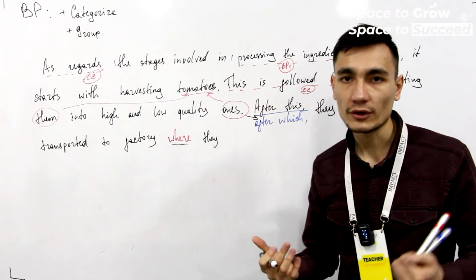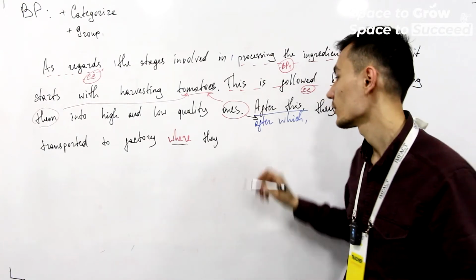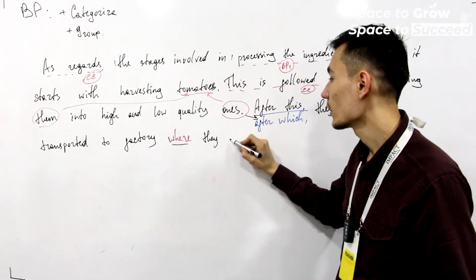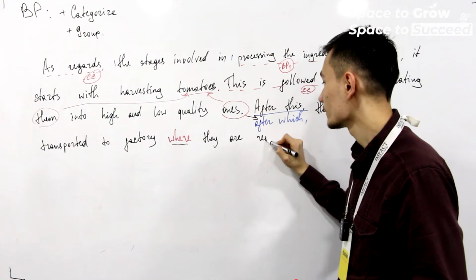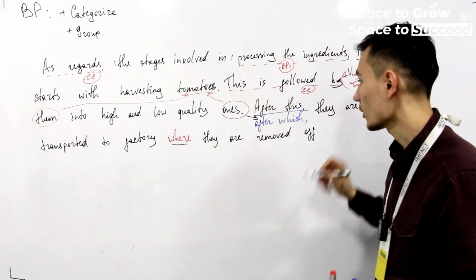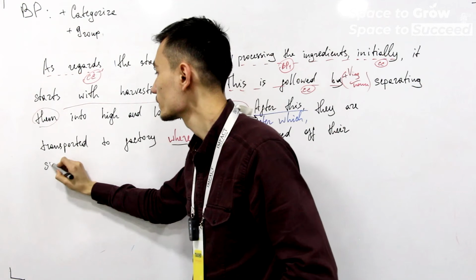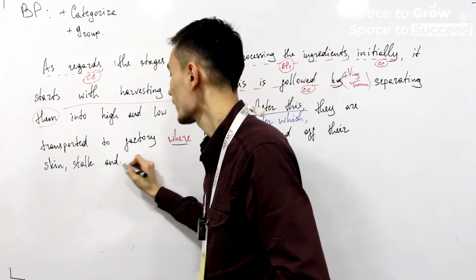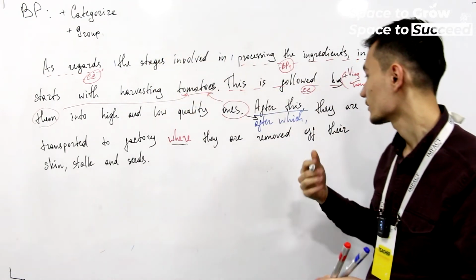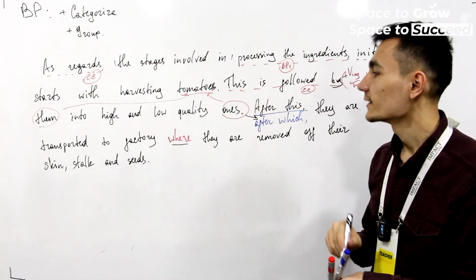We can use different words. So let me write here "removed". "Removed off" means something is being removed off their skin, stalk, and seeds.